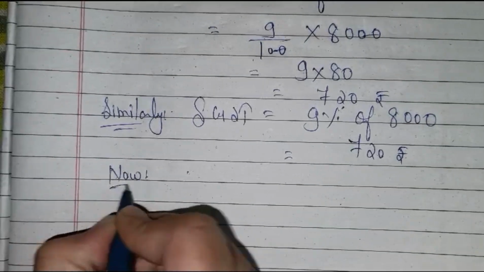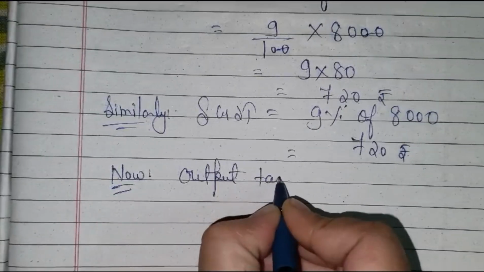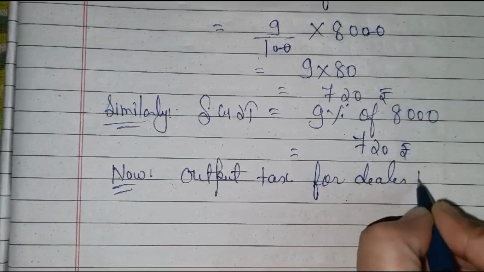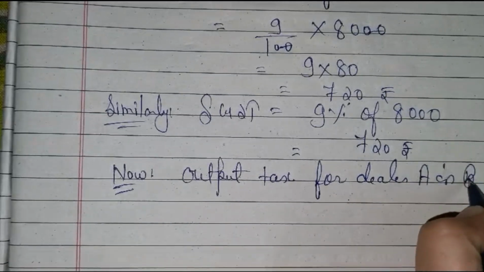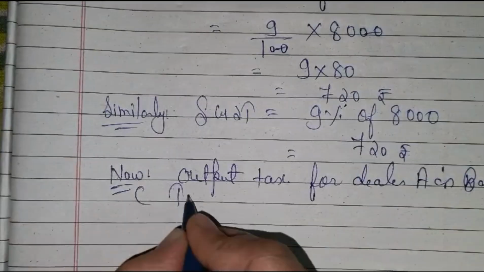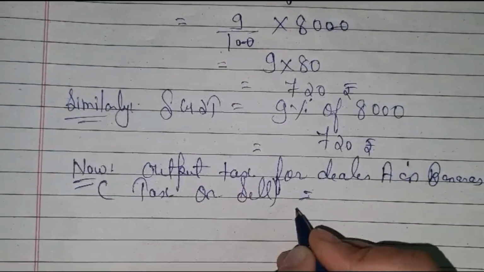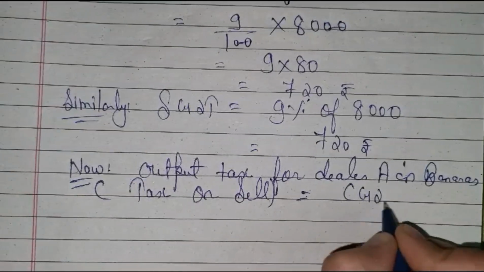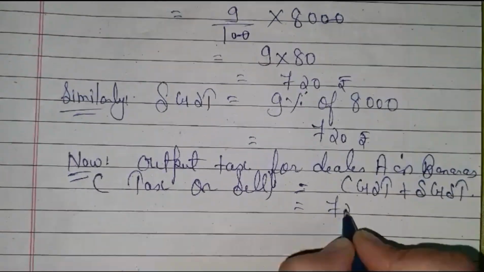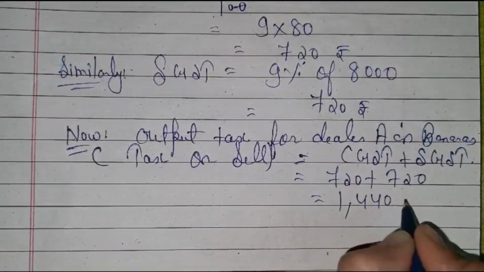Now output tax for dealer A in Banaras, that is tax on sale equal to CGST plus SGST, that is equal to 720 plus 720 equal to 1,440 rupees.